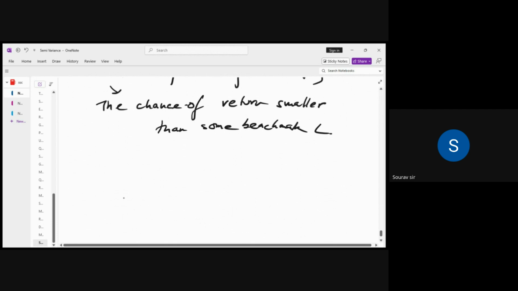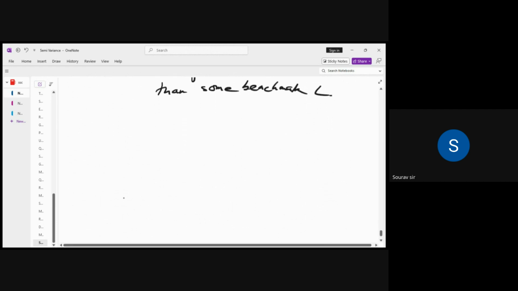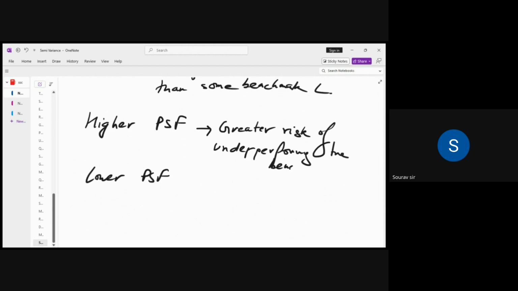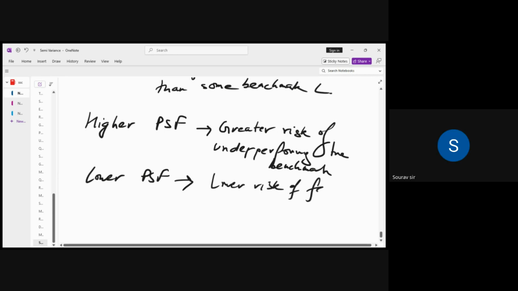If PSF is higher, then there is a greater risk of underperforming the benchmark, and lower PSF means lower risk of falling below the benchmark.